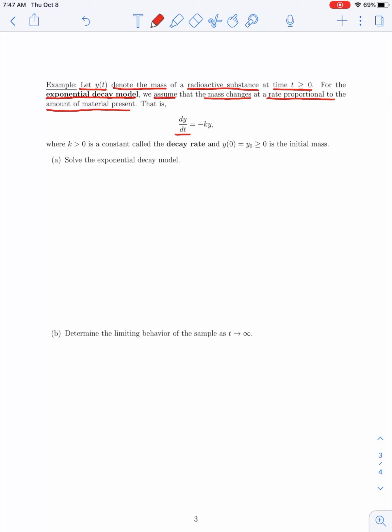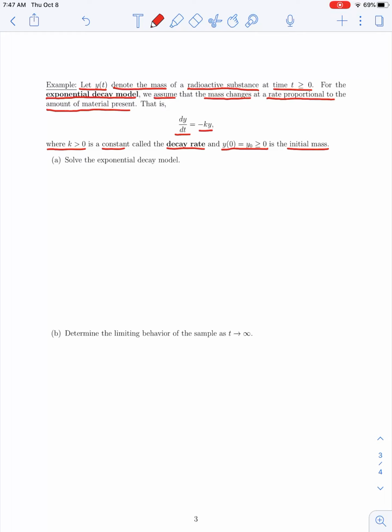So that is the rate of change of y, our mass with respect to t, is given by negative k times y, some constant multiple of the current mass y, where k is a positive constant called the decay rate of this substance. And we have an initial condition, y of 0 is equal to y naught, which is some non-negative constant, which would be the initial mass of our substance, how much of this radioactive material we started with.